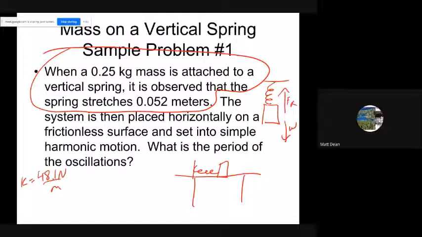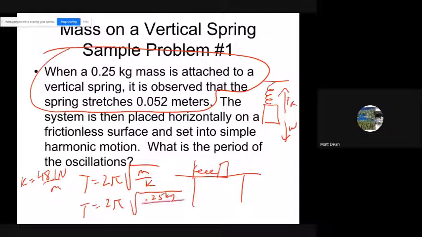We've got to think back to the equation for the period of a mass on a spring, and that is 2 pi times the square root of m over k. We know the mass. The mass of our object is 0.25 kilograms, and we just calculated k. k is 48.1 newtons per meter.